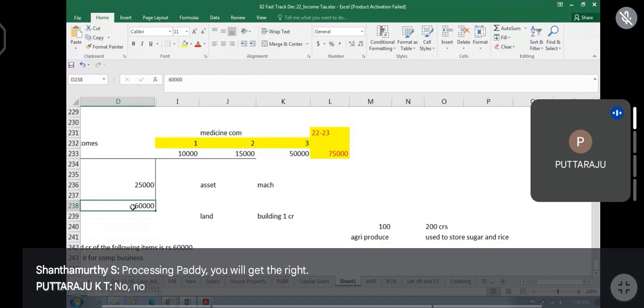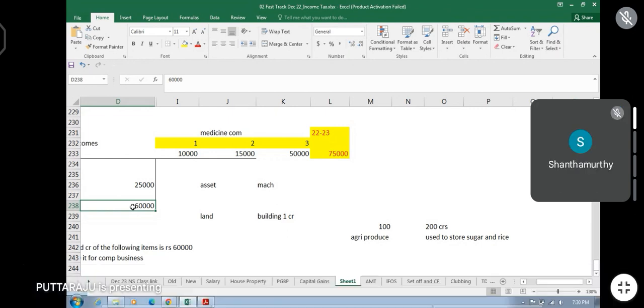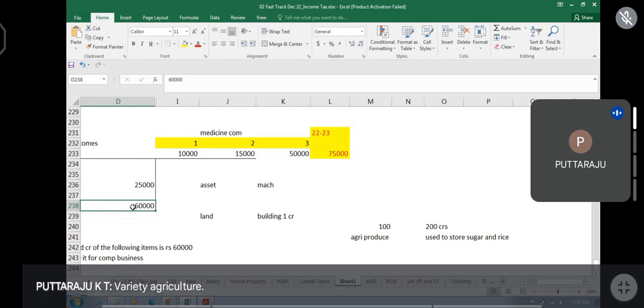No processing, nothing. I am asking, rice agriculture or not? Rice agriculture or paddy agriculture? Paddy. Paddy is agriculture. Rice is not agriculture. Please remember.